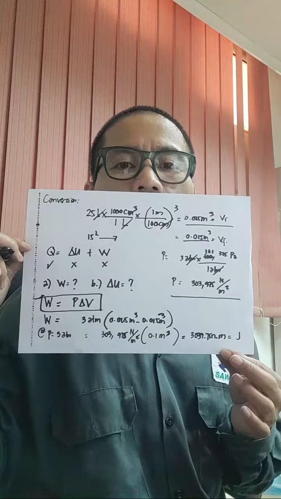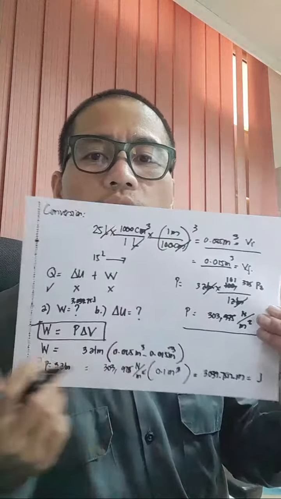That is the answer. Since that is our work, we already answered the first one, which is 3,039.75 joules. How about the delta U?